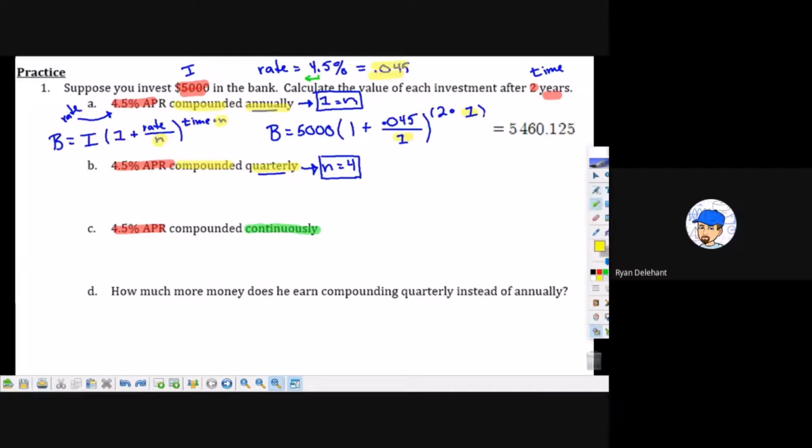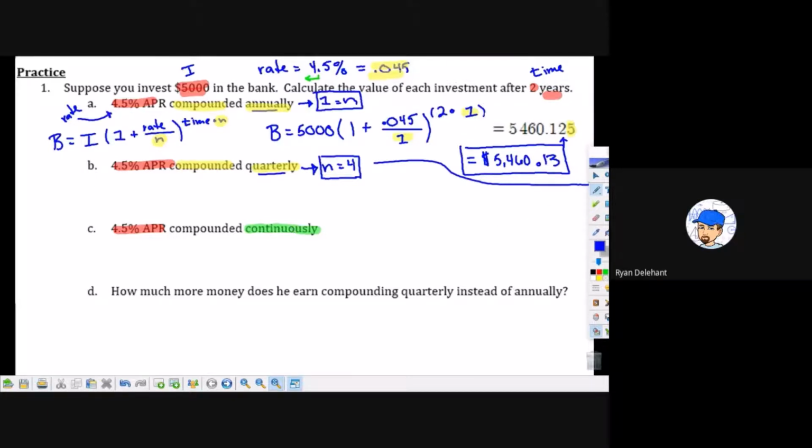So that means I'm going to round here where this 2 is, and that's going to be based on the number next to it. 5 or bigger, that 2 turns into a 3. Less than 5, it stays the way it is. So that means the answer that I would need to write down is $5,460.13. You've got to be cautious with your rounding here and make sure that you are executing that part correctly.